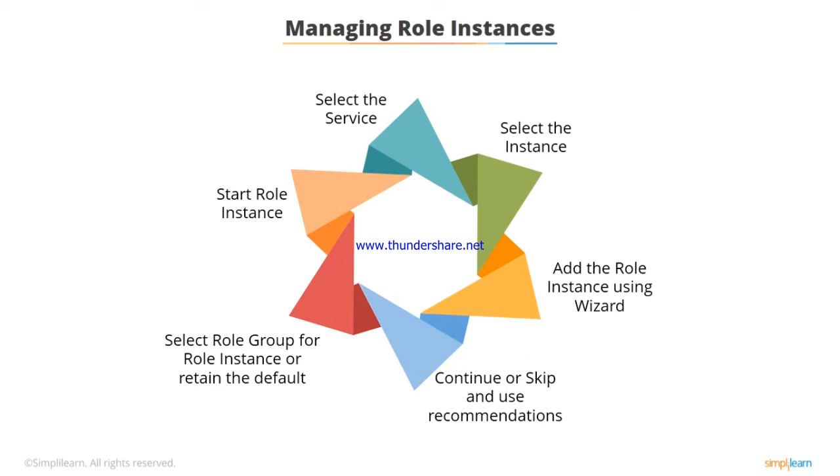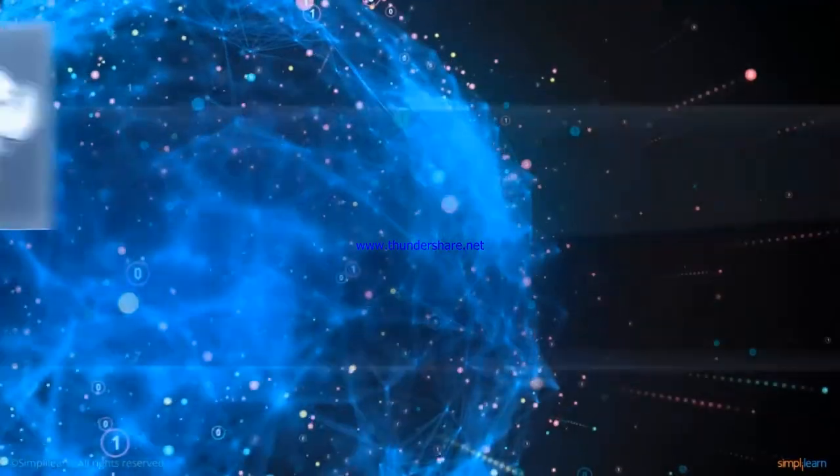Note that the role instances are not started automatically. The procedure to decommission or recommission a role instance is the same as the one followed to decommission or recommission a data node. To delete a role instance, select the Services tab, select Instances, and on the list of actions, click Delete.